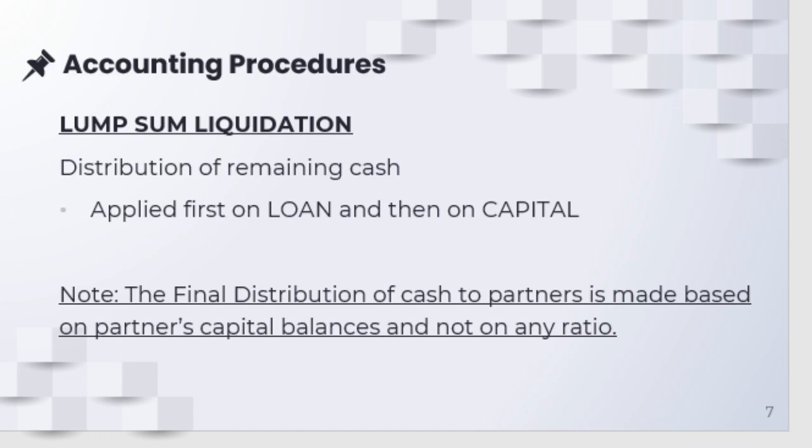So, take note, the final distribution of cash to partners is made based on partners' capital balances and not on any ratio. So, ibig sabihin, kung meron tayong natirang pera, hindi yung paghahatian gamit yung profit and loss ratio nila. Kung ano yung capital balance na na-solve natin, yun na agad yung makukuha ng mga partners.